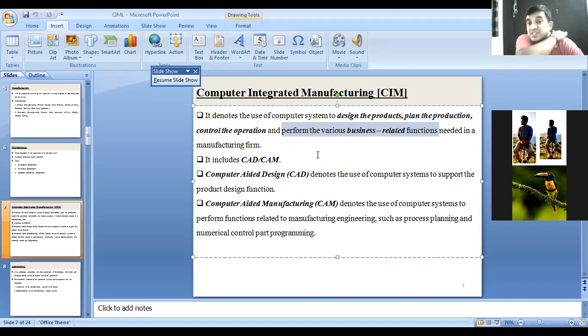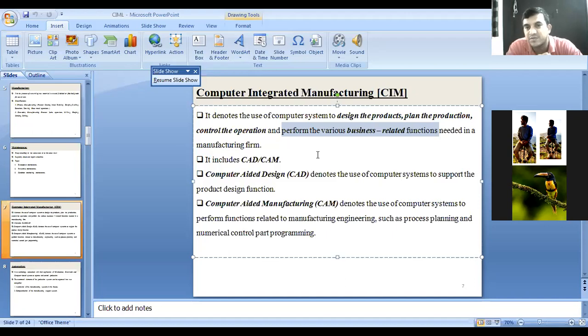The best example of business related functions is any machinery, such as a washing machine or a mobile. Along with the mobile you get a brochure or manual, in which they give complete details about the component, with two-dimensional orthographic or projected views. That is called business related functions.